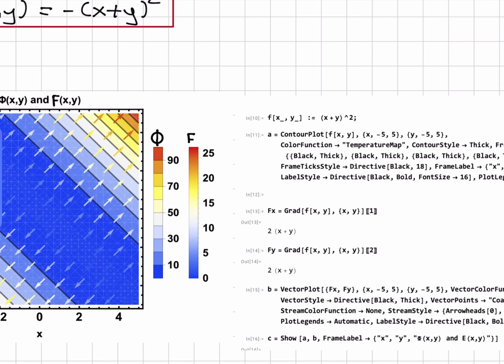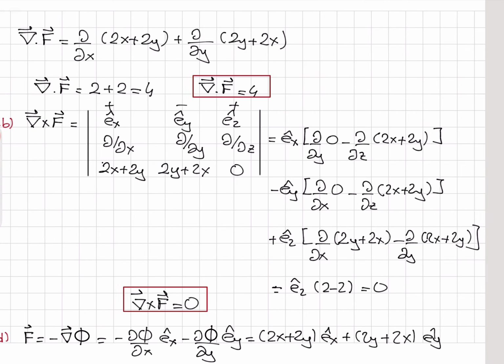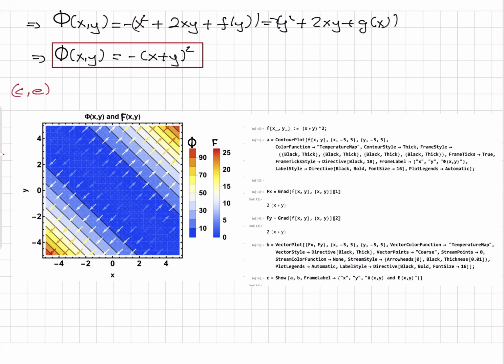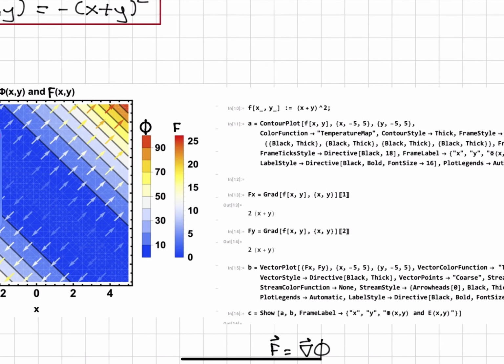So you can see here. So that's what I have envisioned. So instead of using F is equal to minus gradient of phi, here I have assumed F is equal to gradient of phi, for this demonstration.